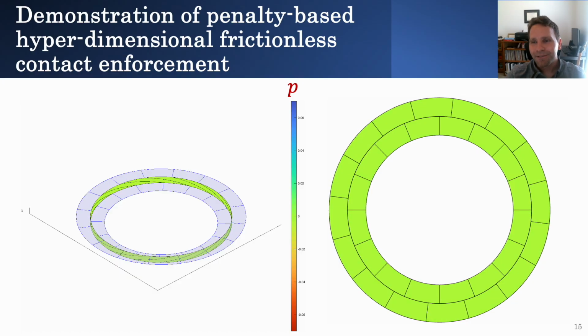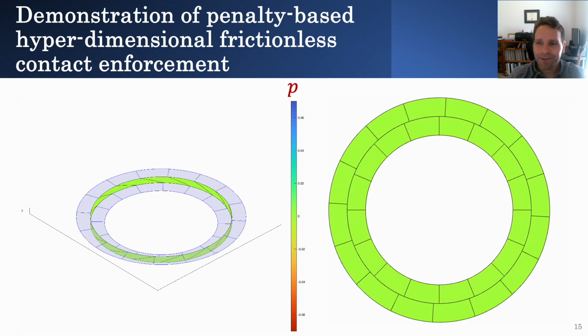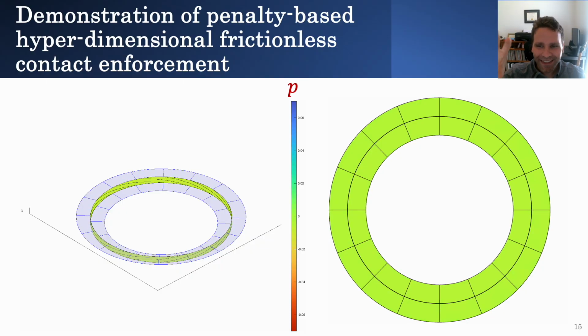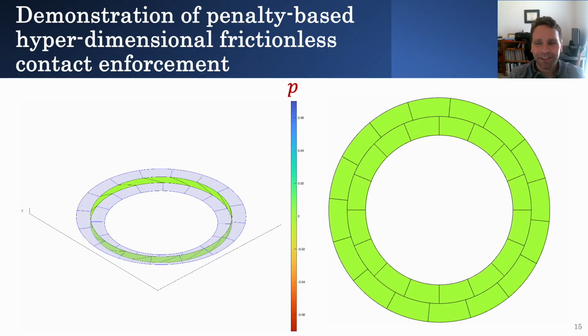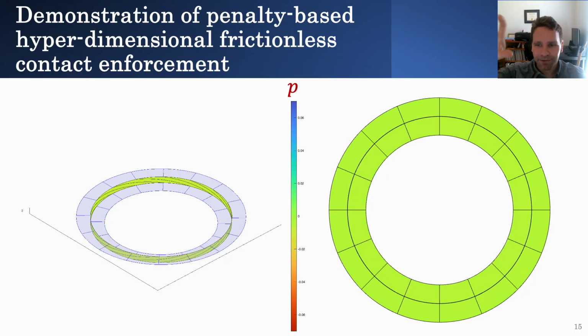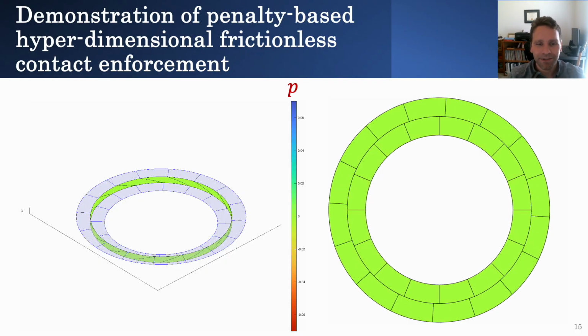However, if I were to discretize that same problem using higher order elements, in this case quadratic elements, both for representing the two cylinders as well as discretizing that intermediate hyperdimensional domain, you can see at a certain point it does start to introduce, you can just barely see the change in color there, a tiny bit of pressure that builds up once you've rotated these two cylinders close to 45 degrees relative to one another.